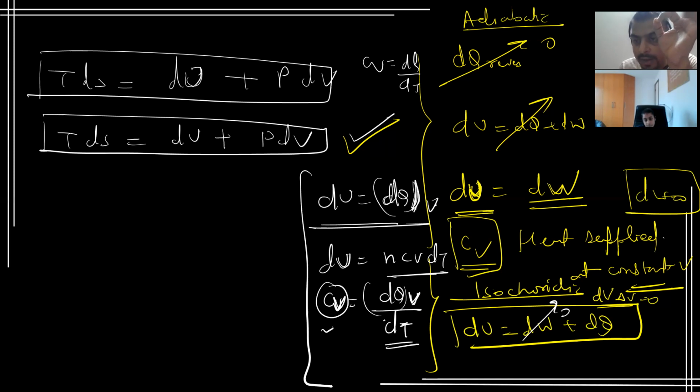When we apply the first law of thermodynamics for an isochoric process, dW has to be 0, so dU becomes dq. That's why heat change at constant volume is dU. So in place of dq, we put dU.